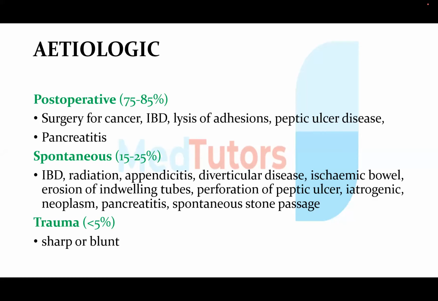Now, in post-operative cases, they have a history of previous abdominal surgery, okay? They will tell you that before the leakage of this effluent via the anterior abdominal wall, there was a history of surgery, maybe following a peritonitis. They had clinical features of peritonitis, okay?